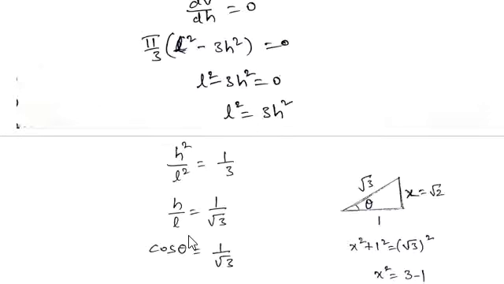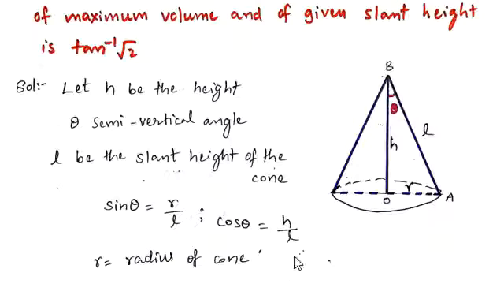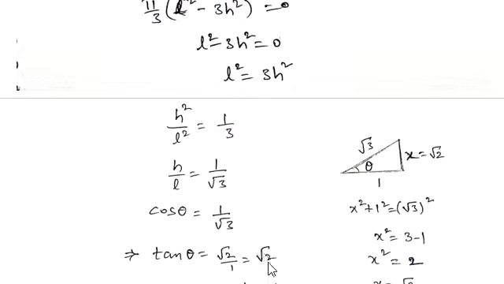We have seen h by L as cos theta from this triangle. So in the place of h by L we can write cos theta, that is cos theta is 1 by root 3. If cos theta is 1 by root 3, tan theta is root 2. How? Let us see. Suppose we take a right angle triangle. Cos theta is adjacent side by hypotenuse, and we don't know the opposite side.